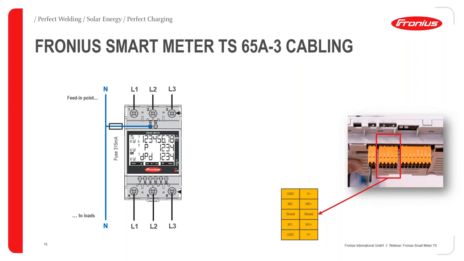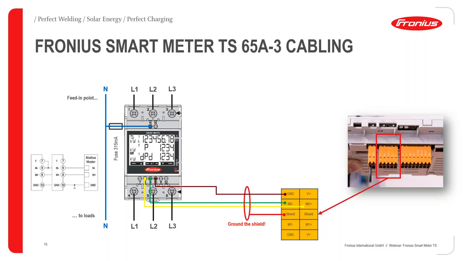Yeah, and then we come to the second very important part, which is the data communication. On the right side, we can see a picture of the data communication card of the new Gen24 inverter. On this card, we have our orange terminal plug, and on this terminal plug, we have our Modbus RTU communication line. For those of you who already know Fronius a little bit, Modbus RTU is the standard connection type between system components, and therefore also the smart meter.